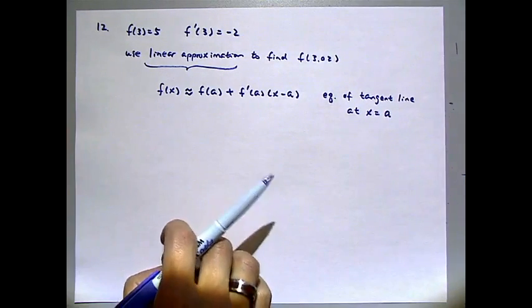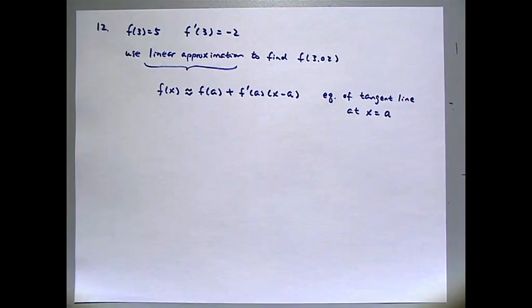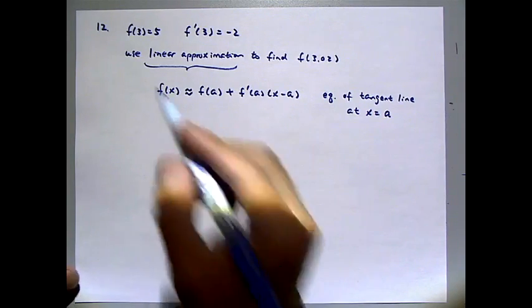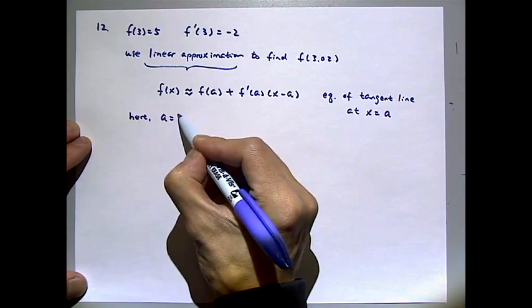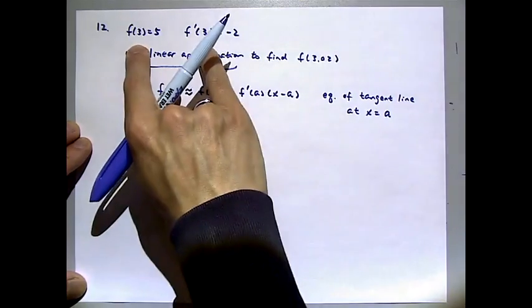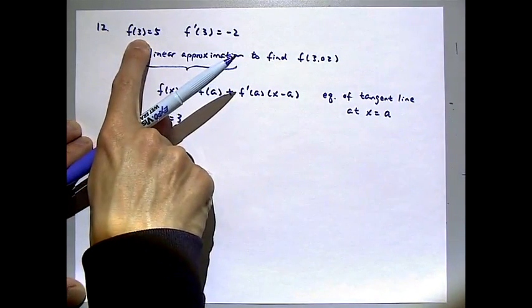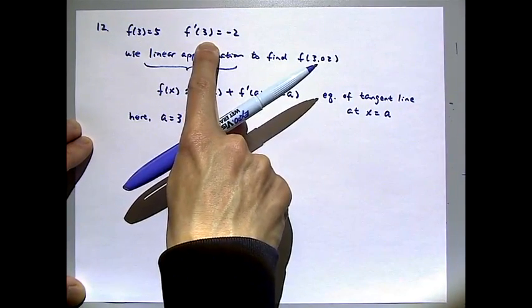If you know how to find the equation of a tangent line, then you have the linear approximation. They are identical. They're exactly the same thing. Here, a is equal to 3. That's what these two things are telling us. We know the function value at 3. We know the slope at 3.